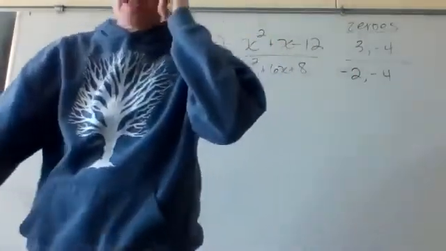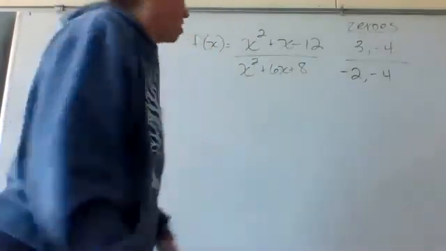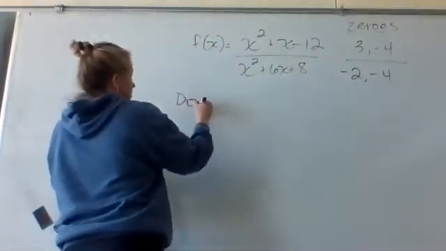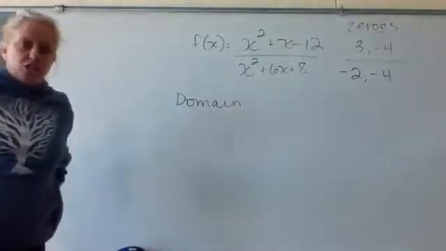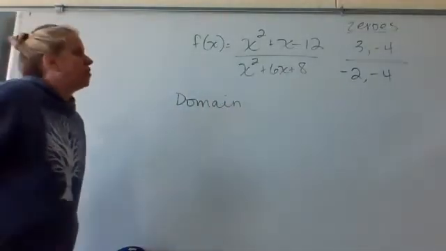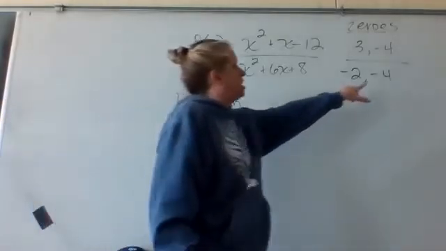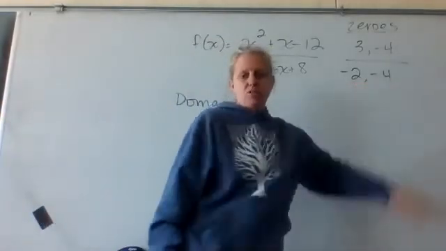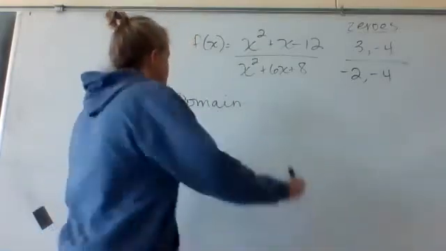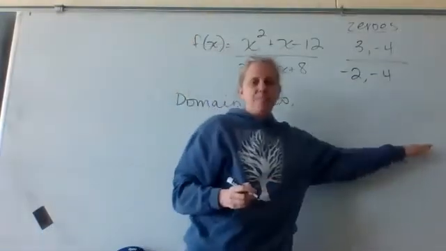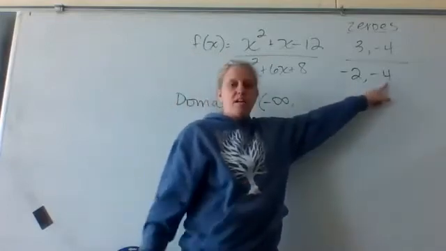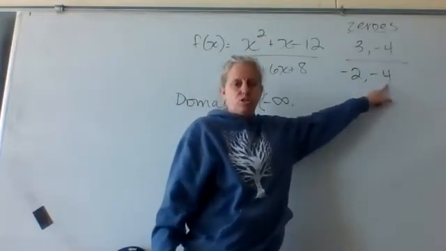Right, so the first thing it's going to ask again is the domain. Now, we just want to include all the numbers from negative to positive infinity except for the zeros of the denominator. So let's see, I'd start at -infinity. Now, when I'm coming up the number line, I'm actually going to run into -4 first, right?